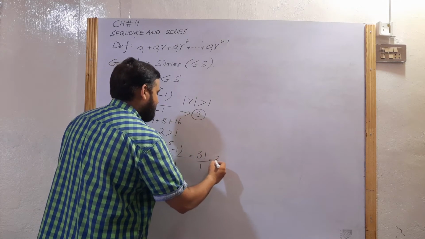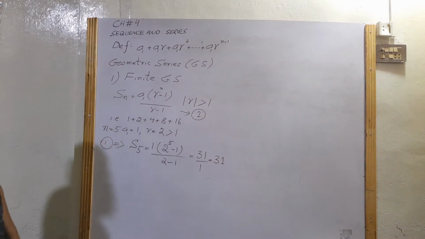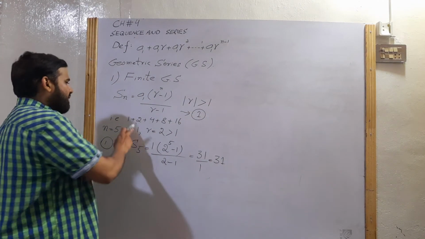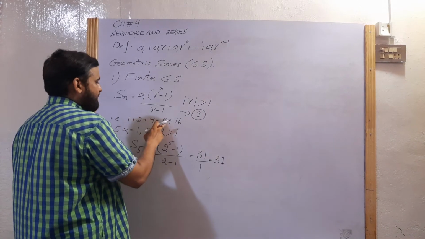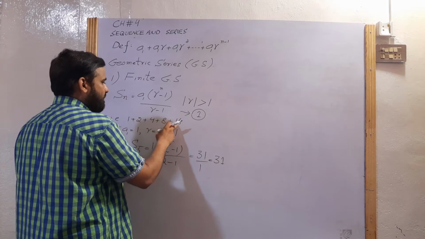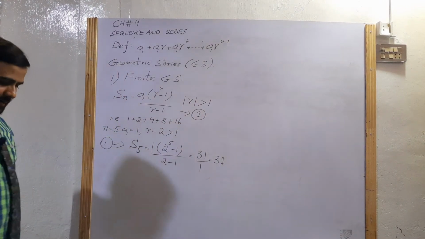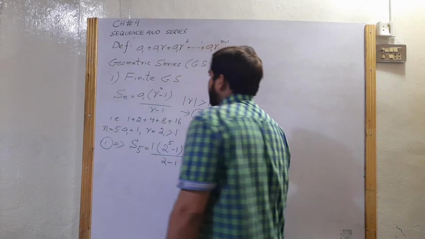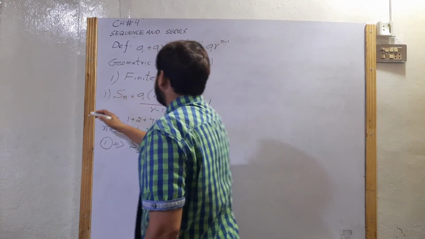It means that the sum of the series in this case is 31. Verify: 1 plus 2 is 3, 3 plus 4 is 7, 7 plus 8 is 15, 15 plus 16 is 31, and this is also 31.